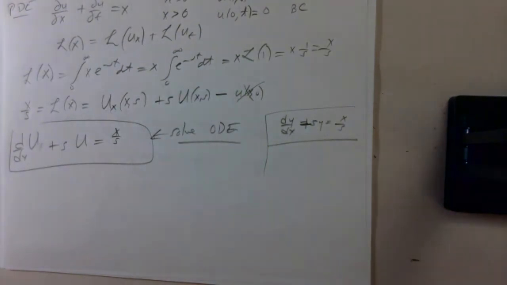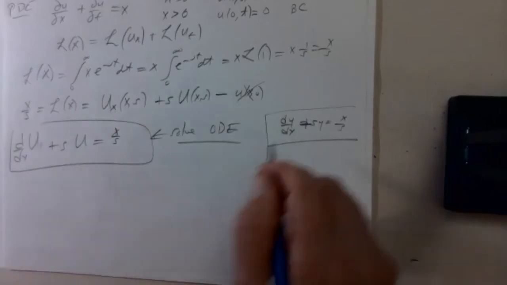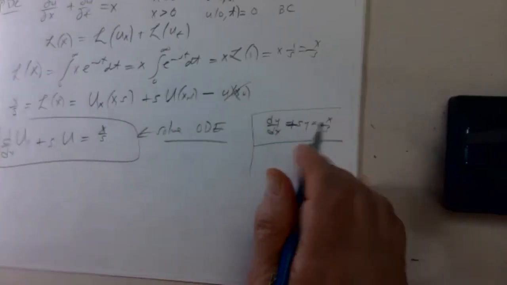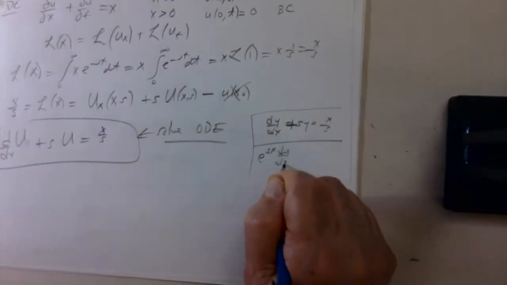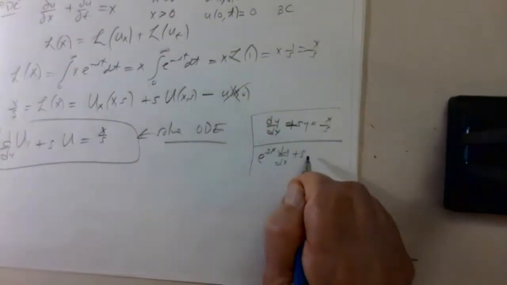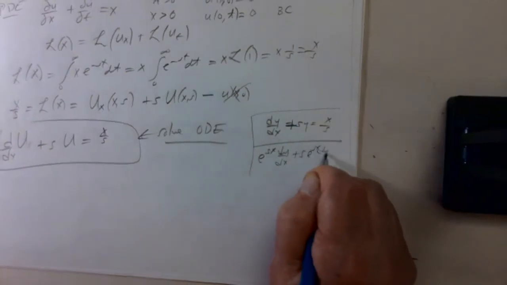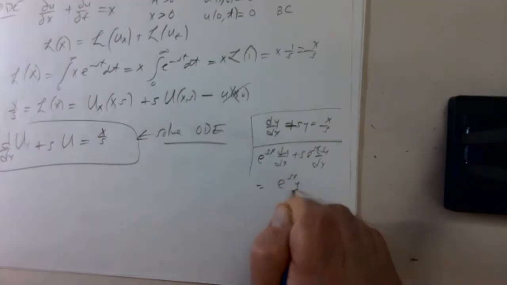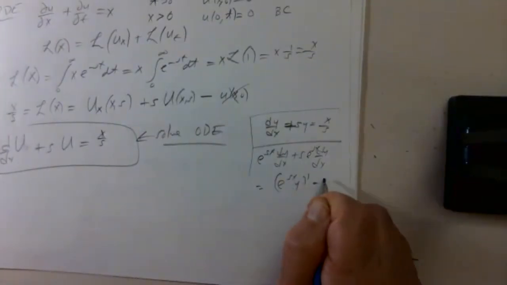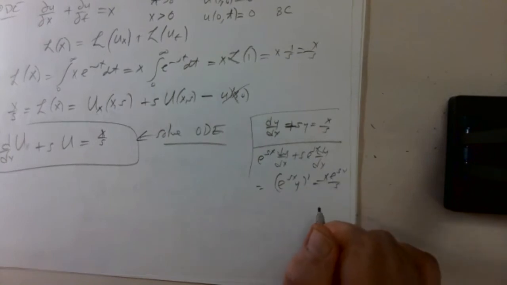Well, if we multiply this equation by e to the sx, we get e to the sx dy dx plus s e to the sx y, which is e to the sx y prime, equals x e to the sx over s.